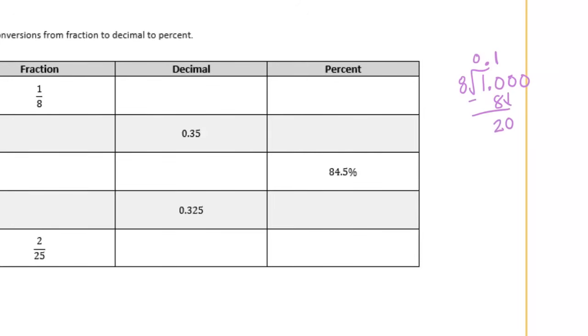Bring down the 0. 8 goes into 20 twice. That's 16. 8 goes into 40 5 times. And no remainder, so that as a decimal is 125 thousandths, and as a percent, we just need to multiply it by 100, and we'll get 12 5/10 percent.